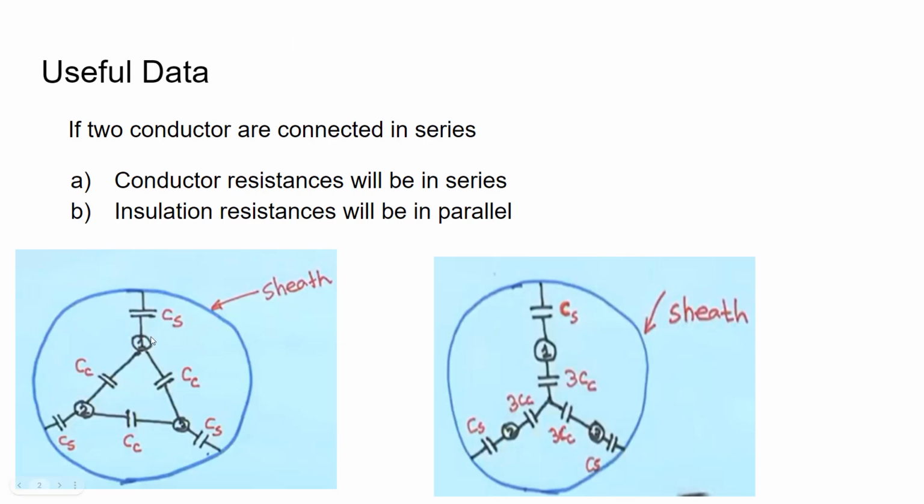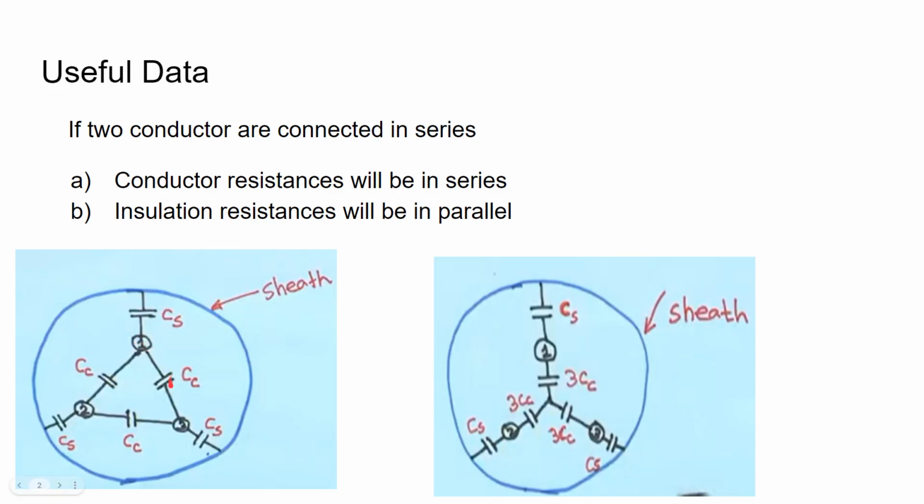Here, the black circles 1, 2, 3 represent the position of the core in a conductor, and the outer blue part represents the sheath or the insulation of the conductor. Because of some leakage current, there will be some resistance between the cores and also between the core and the sheath respectively.